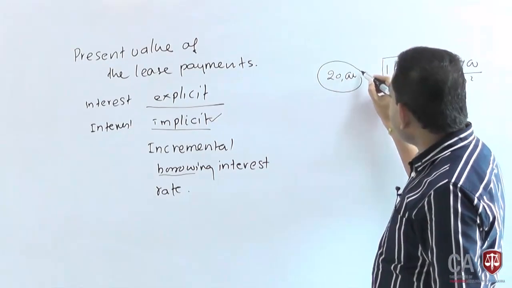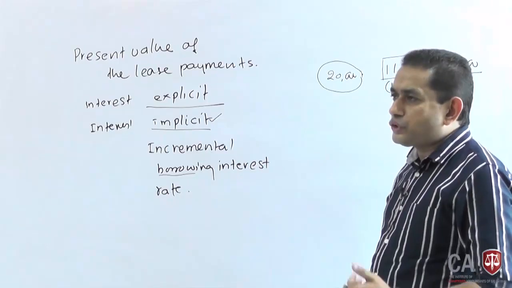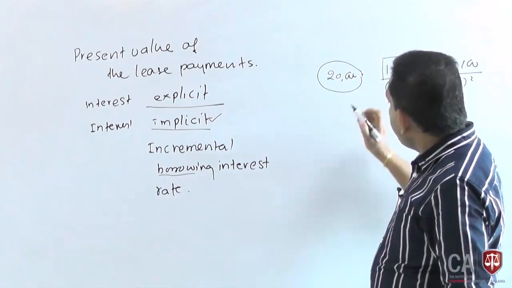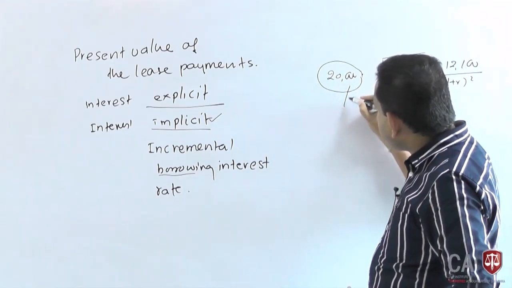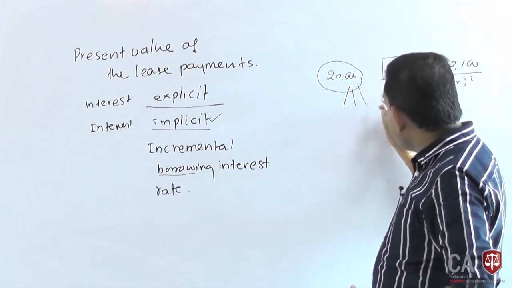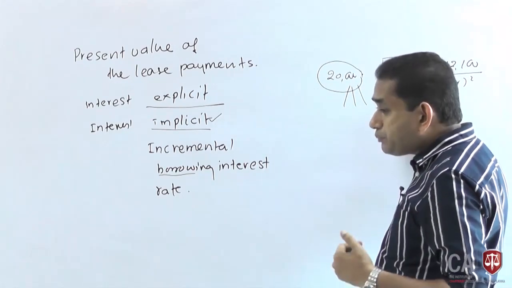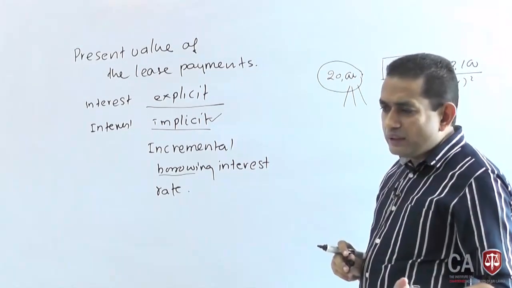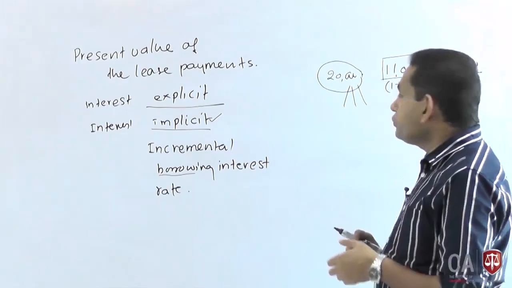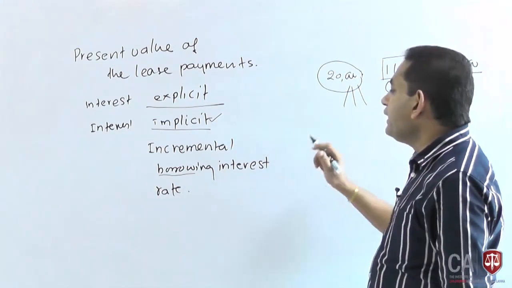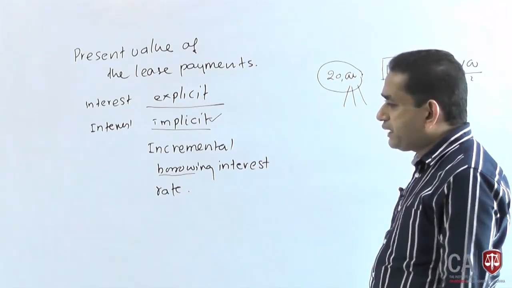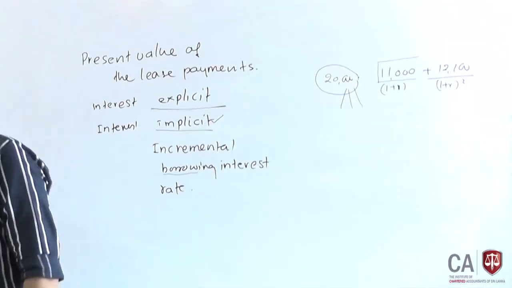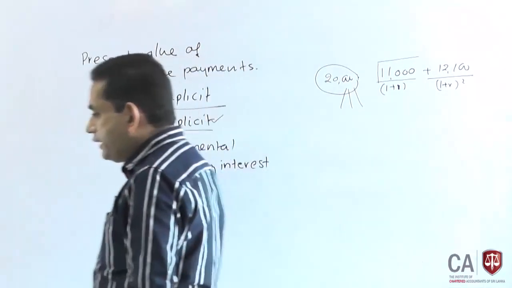Similarly, just discuss with the bank what the interest rate has to be for a finance facility where the same asset is offered as a security and the loan term is similar to the lease period, and just ask the bank what interest rate it would grant you the loan at. That has to be the incremental borrowing interest rate, and that is how you derive the interest rate in a lease contract for you to determine the present value of the lease liability.